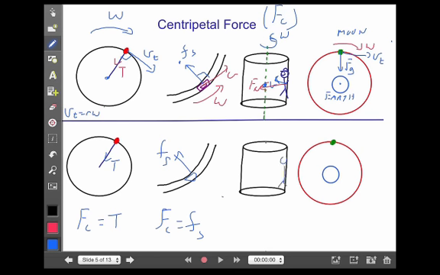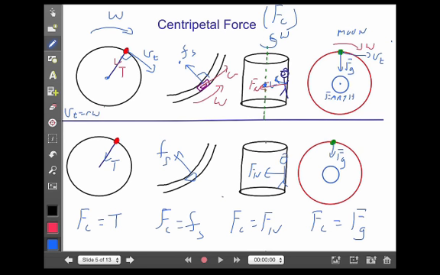In the next example, since the normal force acted towards the center of the cylinder, the normal force is the centripetal force. In the last one, since gravity acted towards the center of the moon's motion, the gravitational force is also the centripetal force. So that's the neat thing. Centripetal force can be any force as long as it acts towards the center of the circle.